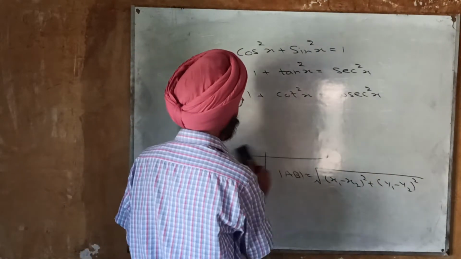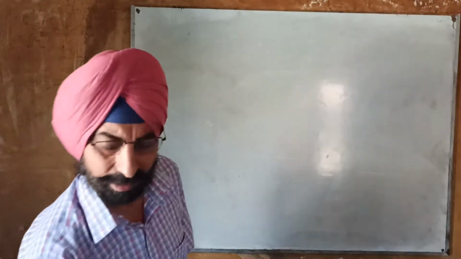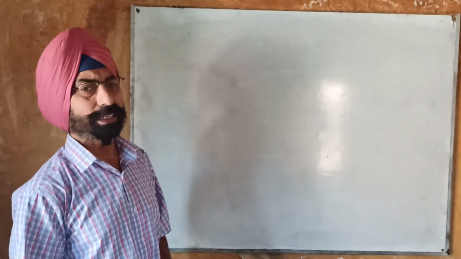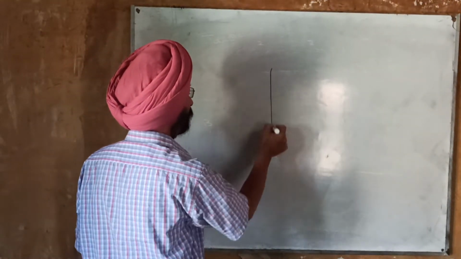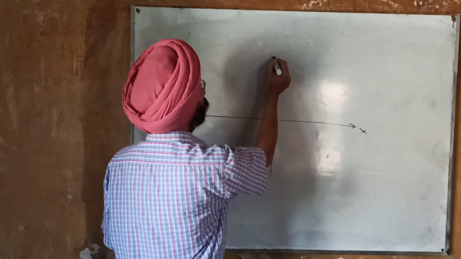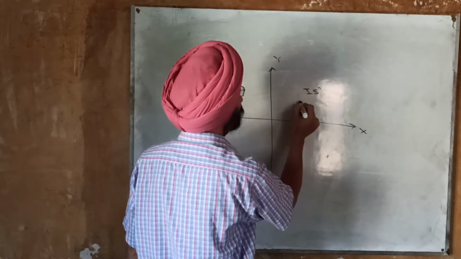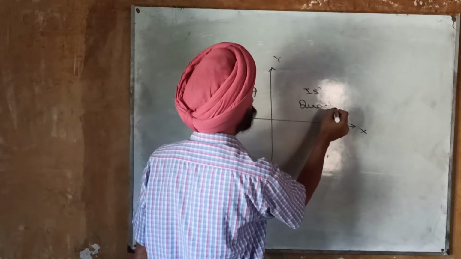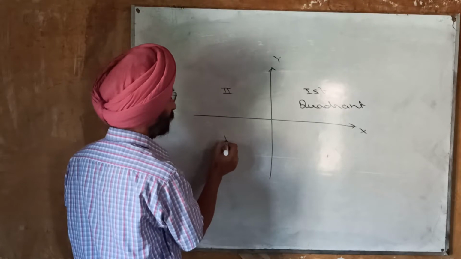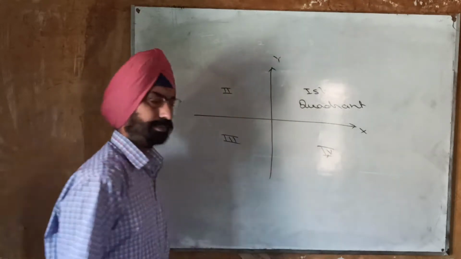So let us start with the value of these trigonometric functions in different quadrants. Here this is your x-axis, y-axis, this is your first quadrant, here is your second quadrant, third quadrant and fourth quadrant.